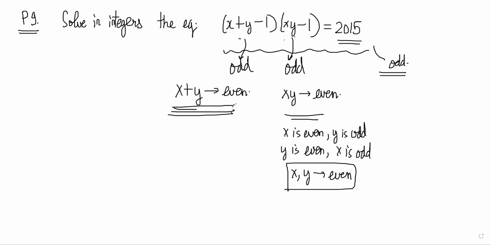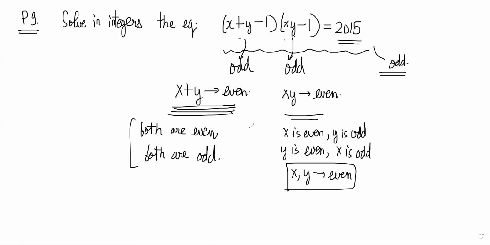However, x plus y being even will happen only if both are even or both are odd, right? If one of them is odd and one of them is even, the sum will be odd, right?